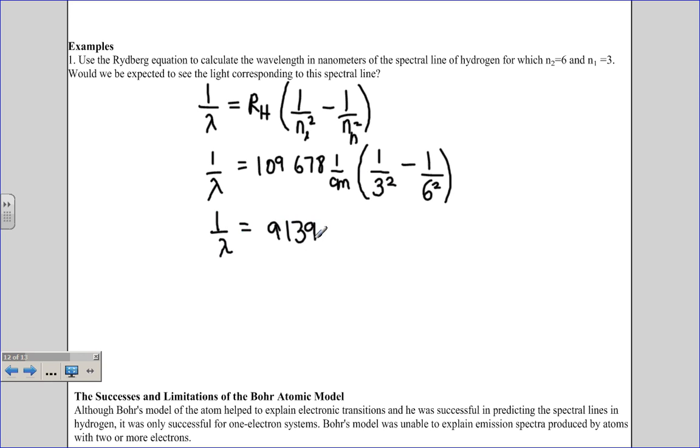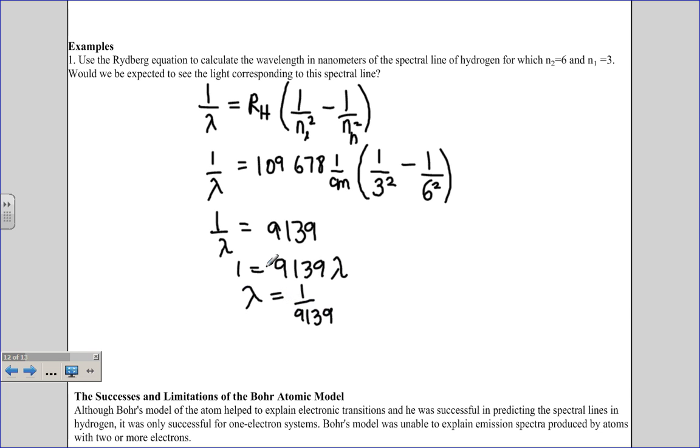Now I want to know what lambda is, so I need to rearrange this formula for lambda. So what I'm going to do is bring the lambda over here. So 1 is equal to 9139 lambda. And then lambda is equal to 1 over 9139.